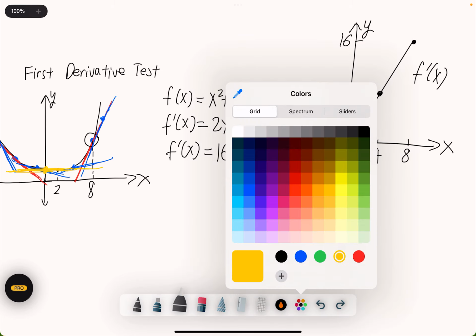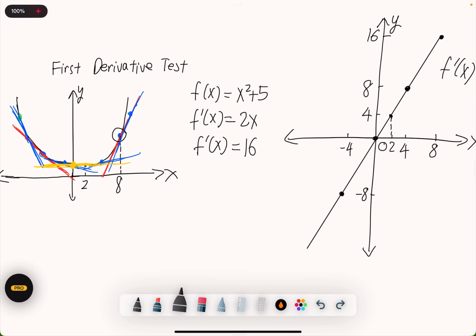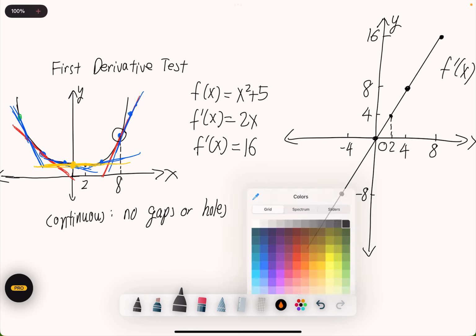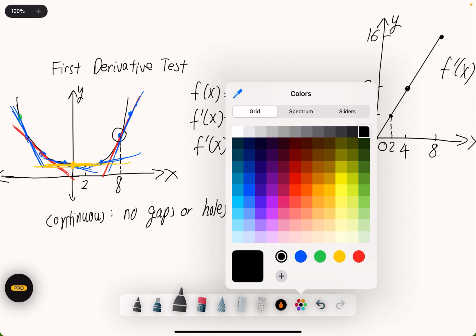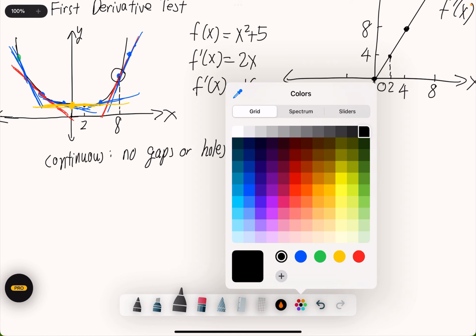So the first derivative test is based on this, and the formal definition is basically if we're given a continuous and differentiable function f. Continuous basically means that there's no gaps or holes in the function. So for example, a quadratic function is continuous, but a piecewise function might not be.